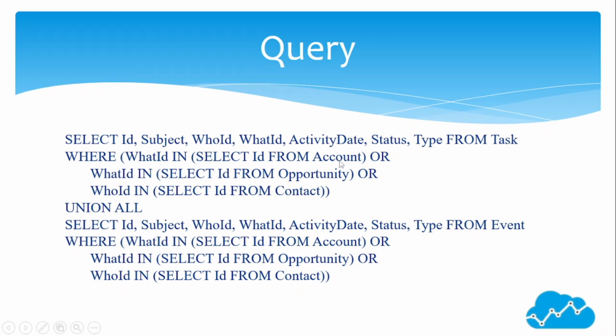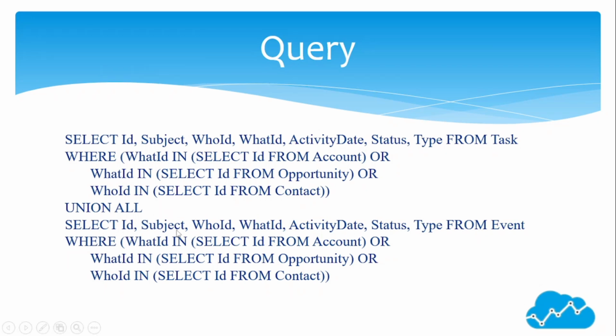Here is the account object. Or WhatId in (select Id from Opportunity). WhatId means object, or WhoId means person, in (select Id from Contact). Contact is a person object which holds the data of a person. UNION ALL.